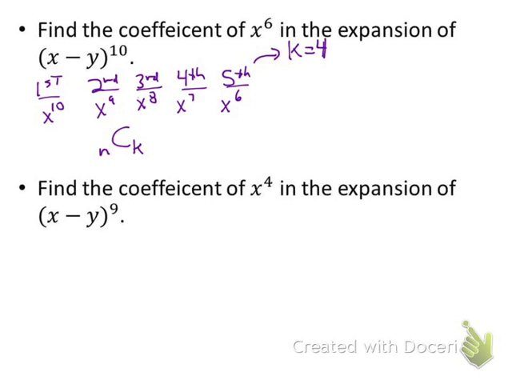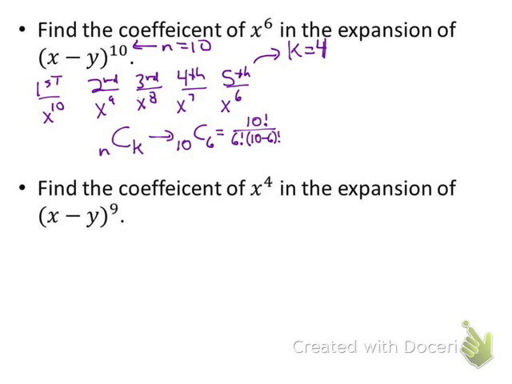Well, n is the exponent we started with, so that would be 10. So we can write our combination, and we get 10 factorial over 6 factorial times (10 minus 6) factorial.